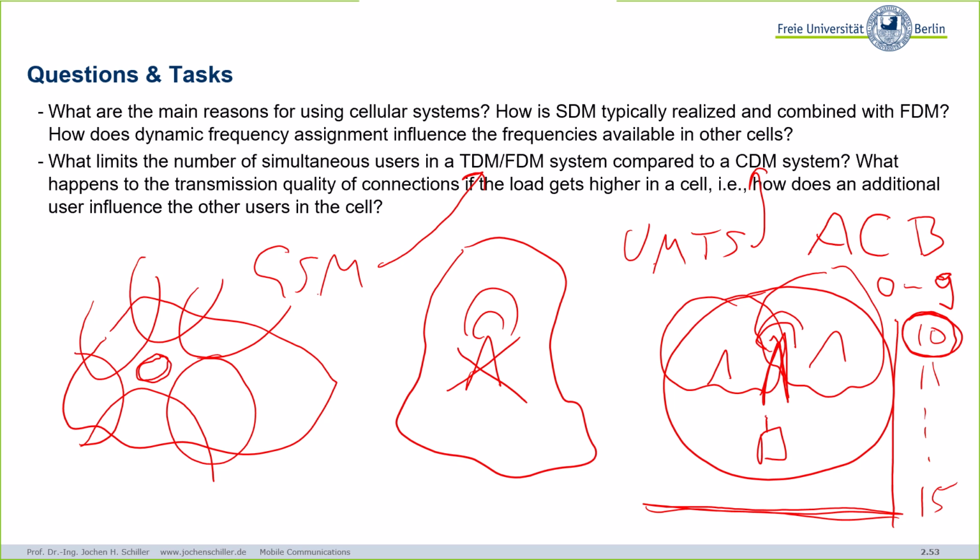This access class is used for emergency calls. Emergency calls can preempt other calls. So in case you have a crowded, overloaded network, it should still be feasible to dial 112, and this will kick out another user of the network. So that is one way of handling this.